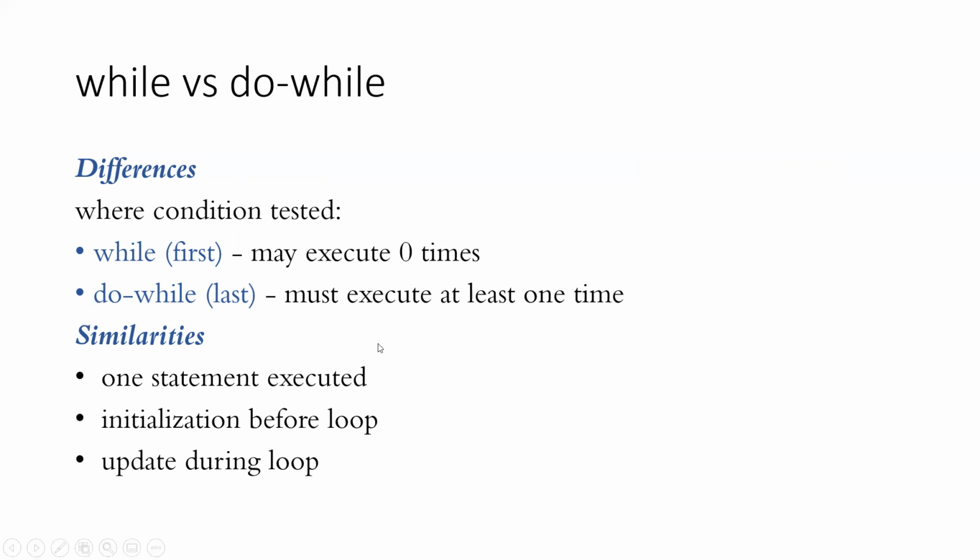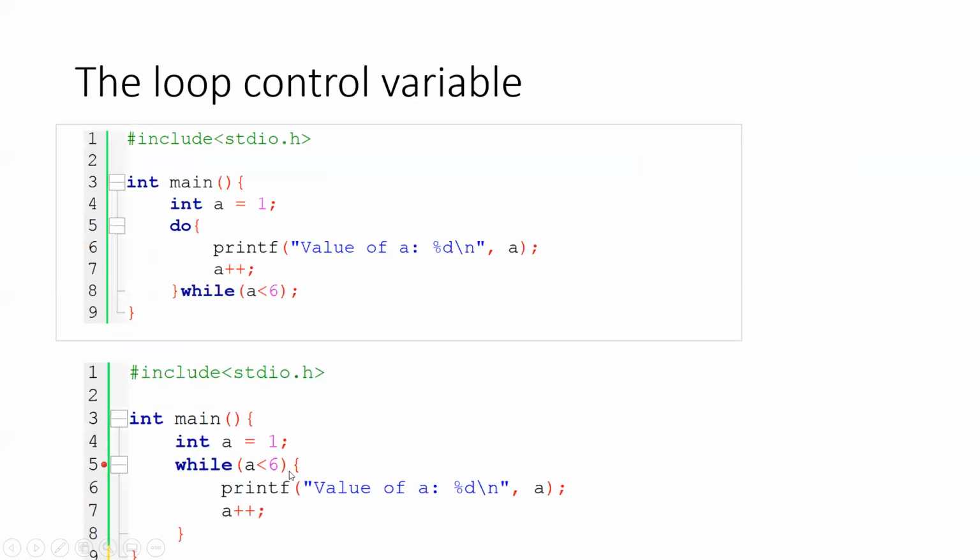In both, one statement is executed, the initialization is done before the loop, and the update is also done during the loop. For example, here we initialize our loop control variable a before the loop, and we also need a way to end our loop.